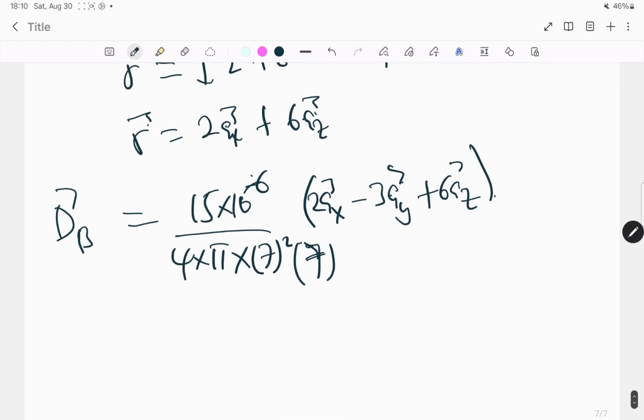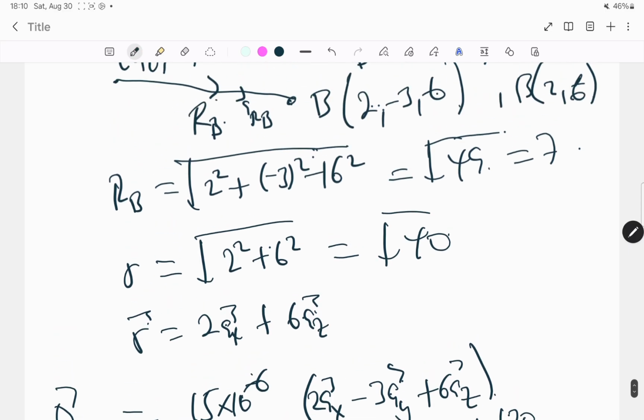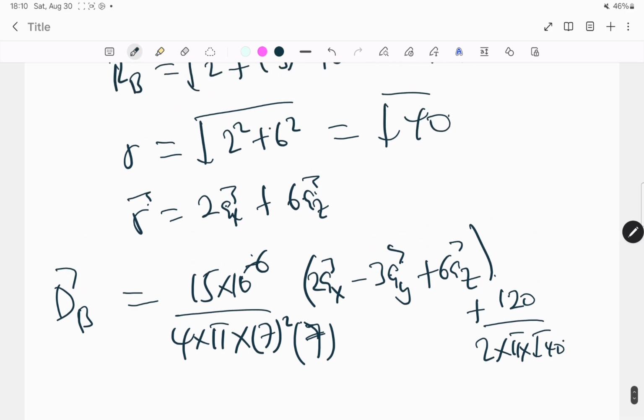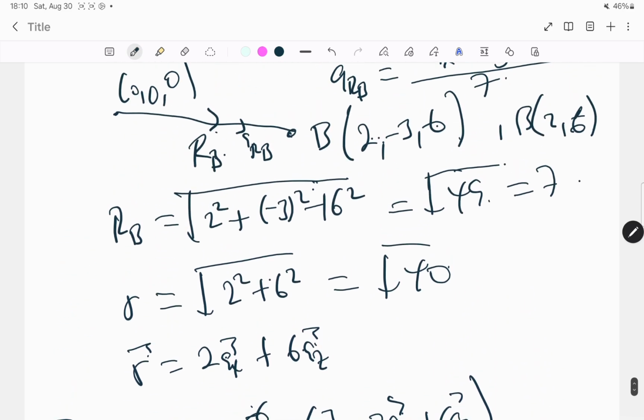So we have this here. Then I can add my line charge density, which is plus 120 over 2 pi times our r. This time, remember r here, we got root 40.